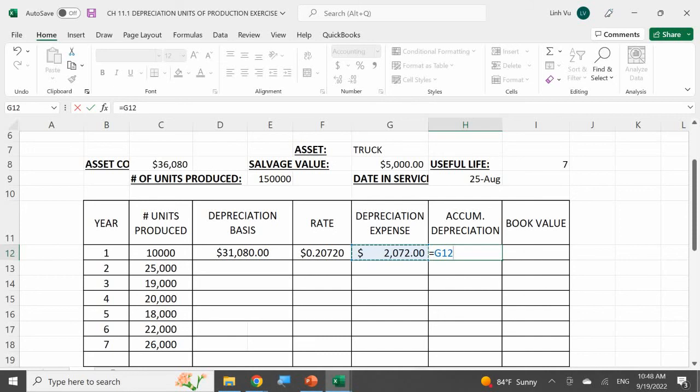It would be the 2072. Correct, because you don't have any previous years because you're starting to depreciate this year. So therefore, you have no previous, but your current is the 2072.